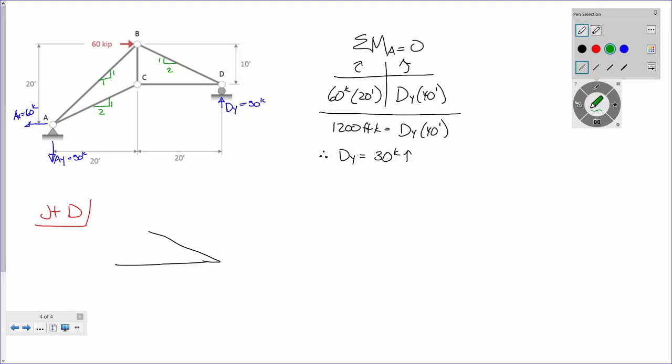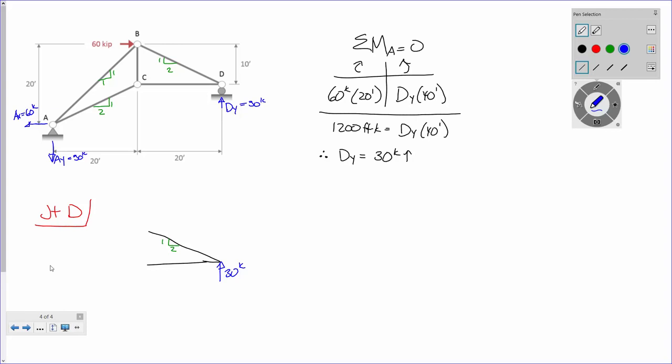Right? We have that is 1 to 2. Our unknown forces, I'll just go ahead and draw them. Well, actually, no, I'm going to wait to draw them. The only force on this member tells me that DY is 30 kips acting up, right? And that's all I've got.